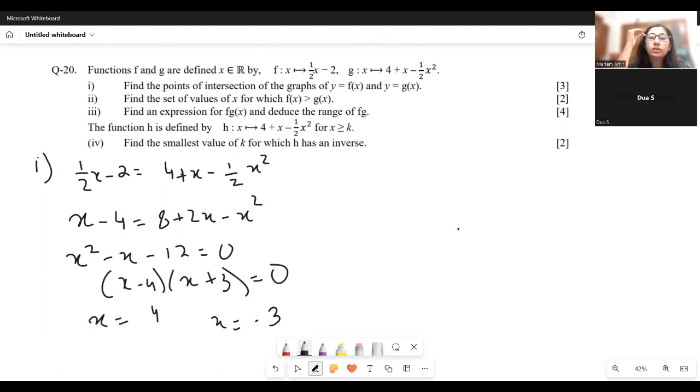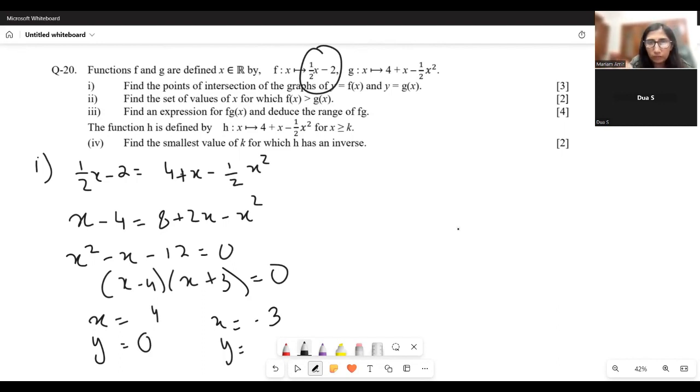Okay, find the points of intersection. That means you need to give the corresponding value of y as well. Now for y, plug in the value of x either here or here. I'm just using the first equation of f(x). So for 4, it's 4 by 2 is 2, 2 minus 2 is 0.